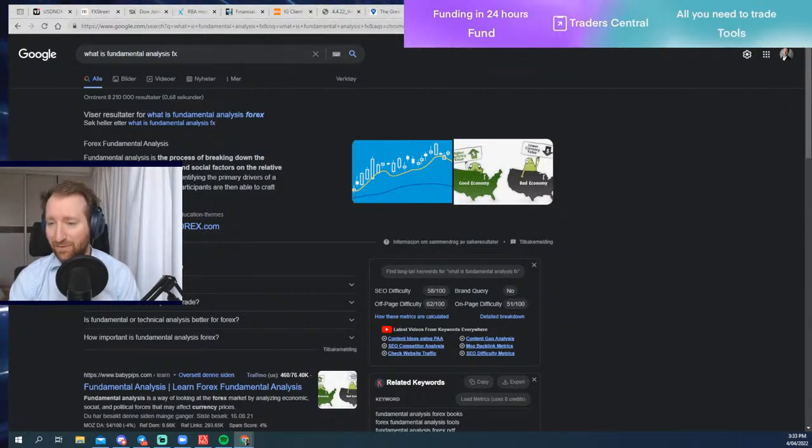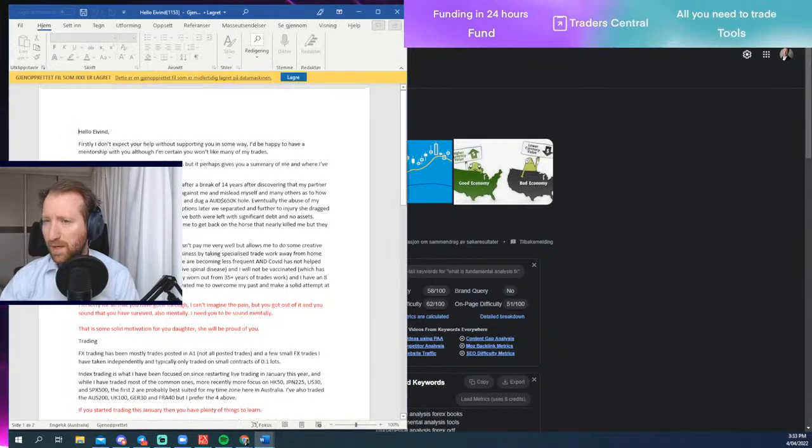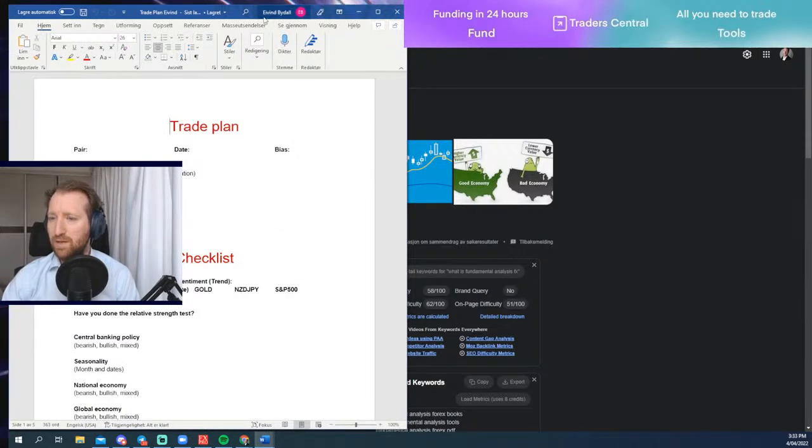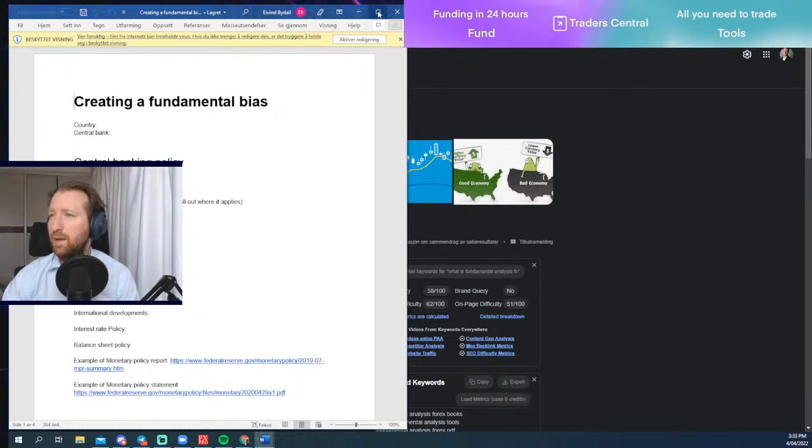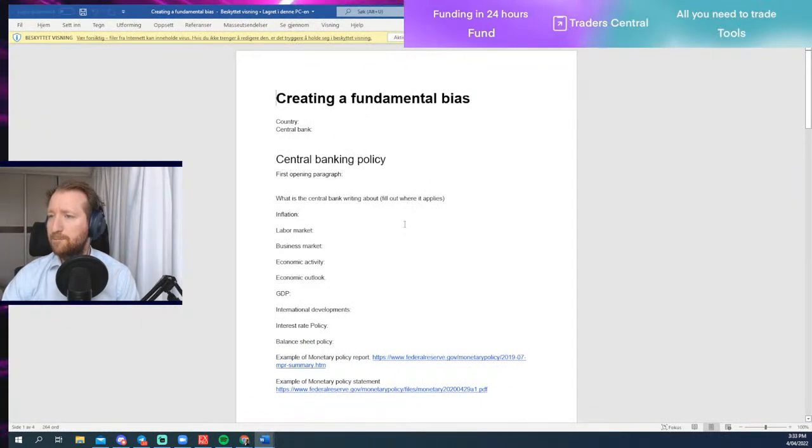Now, that is definitely a mouthful, and that's why in my mentorship I have created a trade plan template for everyone. Going through this as a fundamental bias or fundamental analysis, you have to analyze not only the economic data points that you're given by the economic calendars, but what they mean.